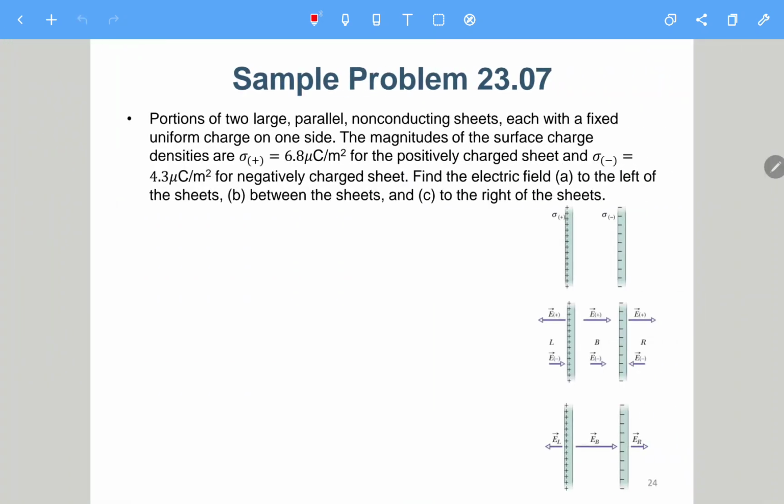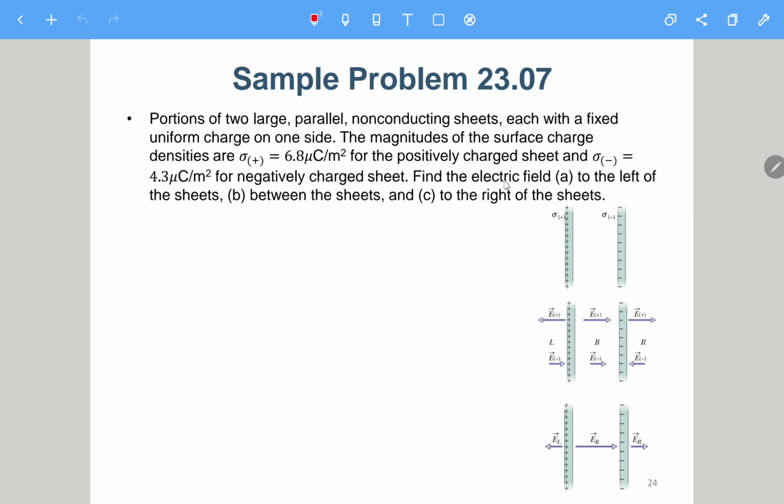Okay, so here we can see a sample problem. It says: portions of two large parallel non-conducting sheets, each with a fixed uniform charge on one side. The magnitudes of the surface charge densities are sigma plus for the positive charge sheet and sigma minus for the negative charge sheet.